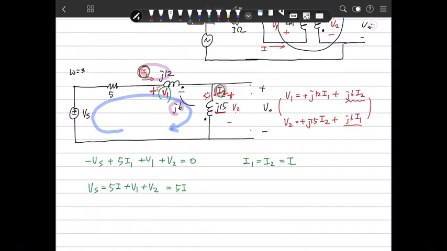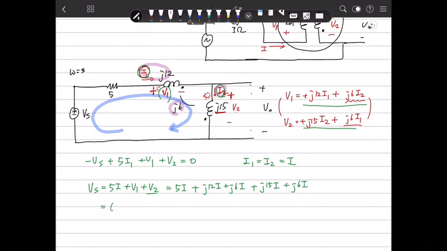That's 5I plus V1, which is j12I plus j6I, and plus V2, which is j15I plus j6I.